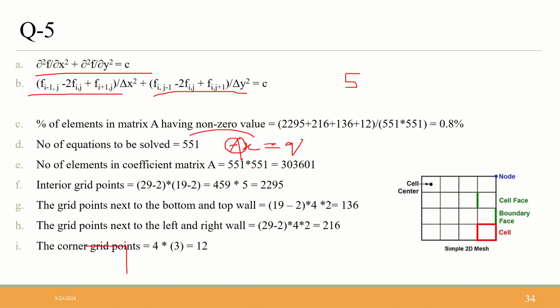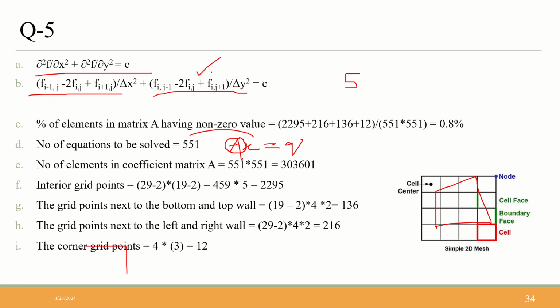And interior grid points. Okay, now we need to identify something. This is the boundary. Next to the boundary, we have certain cells which will have limited values, but in the interior points there will be 5 elements present.